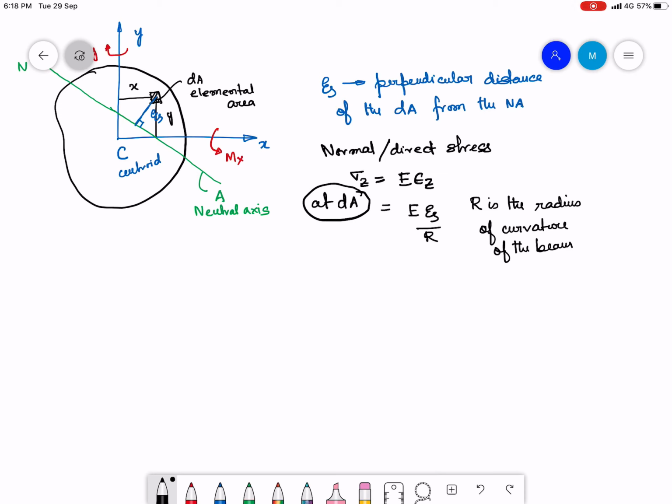Zeta is the perpendicular distance of the elemental area dA from the neutral axis. Therefore, the normal stress at dA is Young's modulus into zeta by R, where zeta by R is the normal strain at dA.